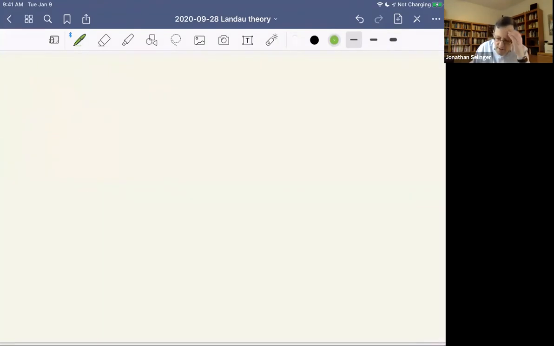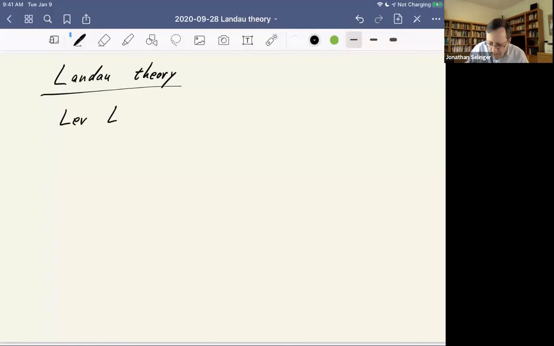So the approach that I want to show you is what's called Landau theory, which is after the great Soviet theoretical physicist, Lev Landau. And it is a theory which intentionally ignores microscopic details of the world.